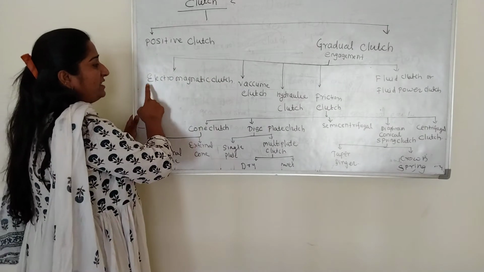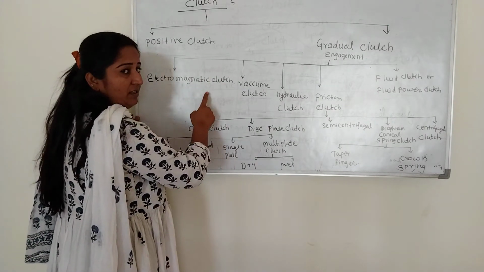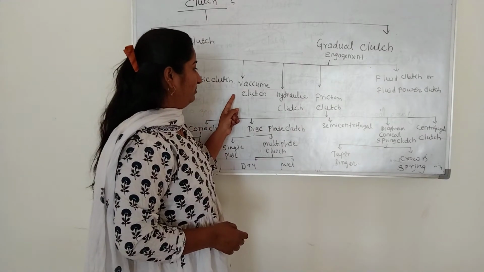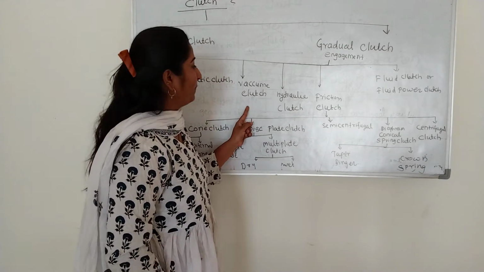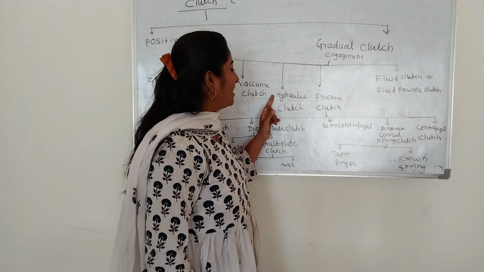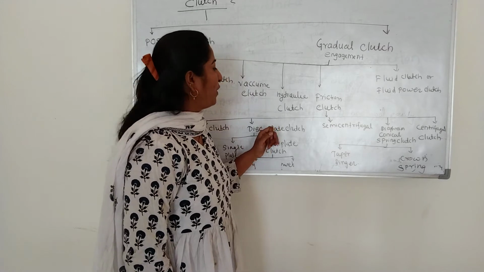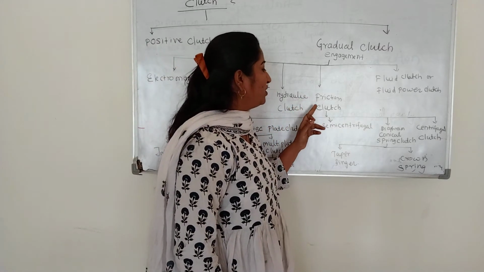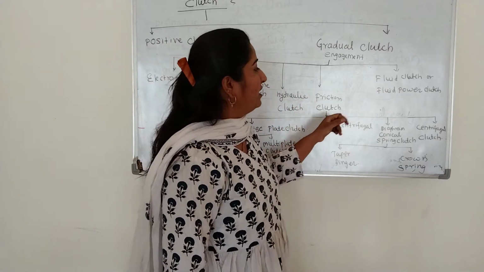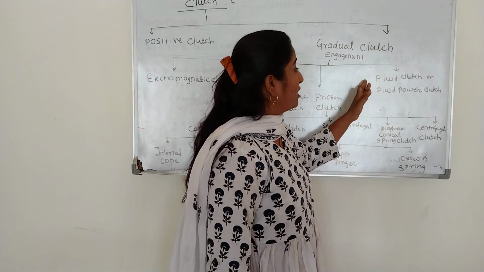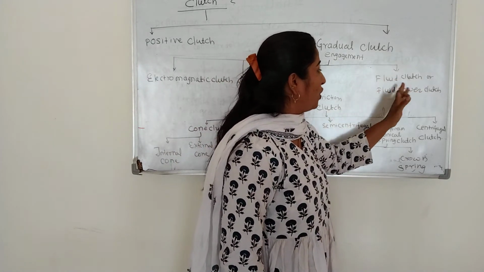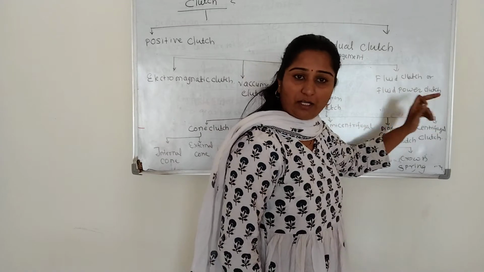First is the electromagnetic clutch, second is the vacuum clutch, third is the hydraulic clutch, fourth is the friction clutch, and last is the fluid clutch or fluid power clutch.